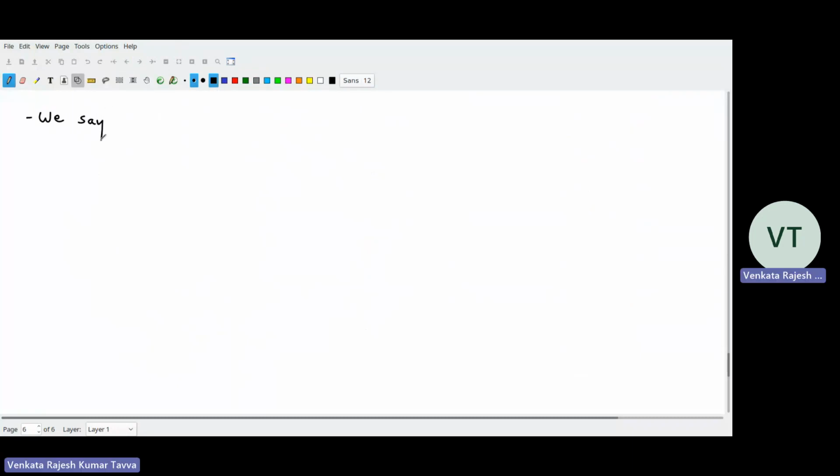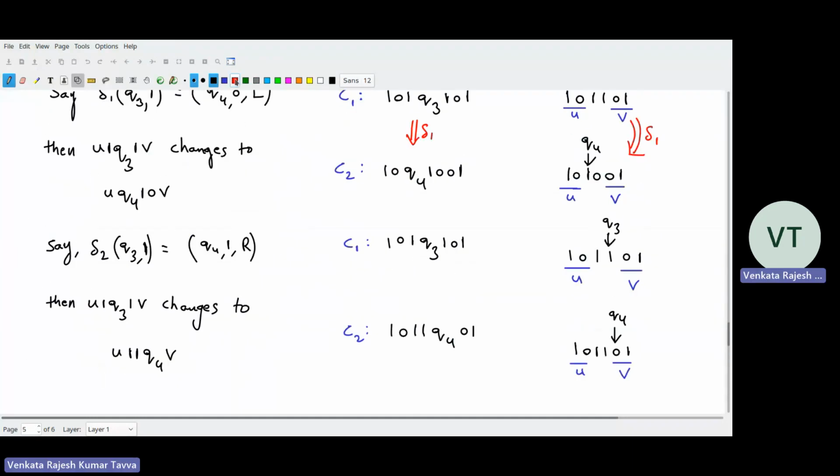We say that, okay, so here this is the output of delta 2.